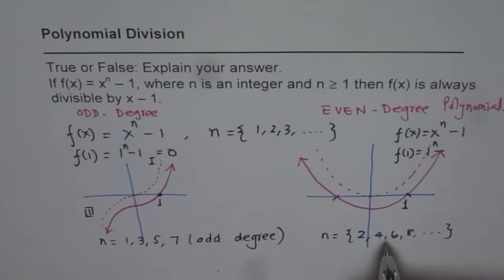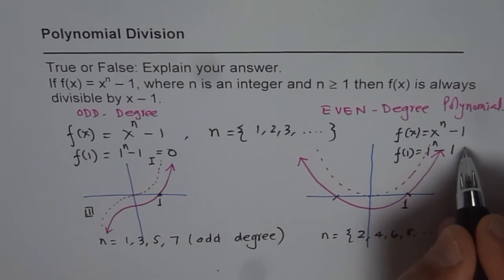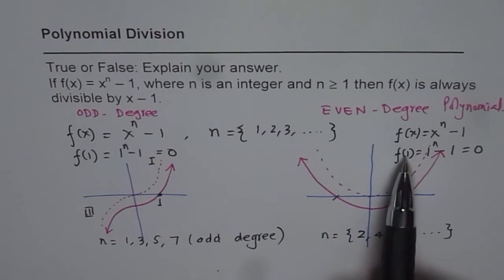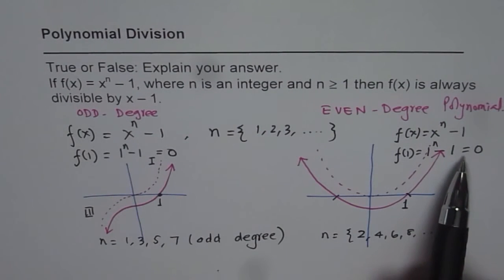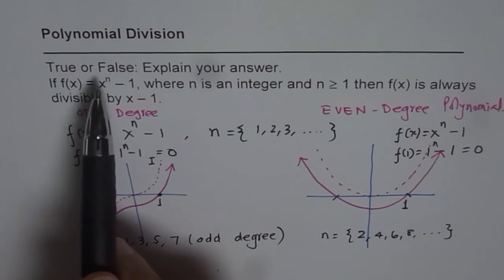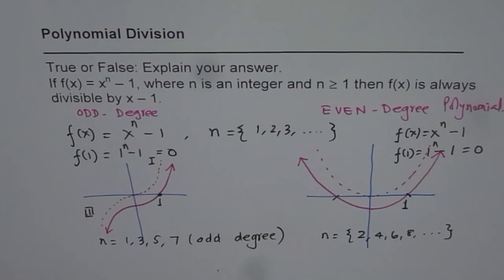In this case, these are even numbers, 2, 4, 6 or 8. 1 to the power of any of these will be 1, right? So 1 minus 1 is indeed 0, right? So we see that at 1, it has a factor. It is 0. And therefore, we can say that x to the power of n minus 1, this function, is divisible by x minus 1.